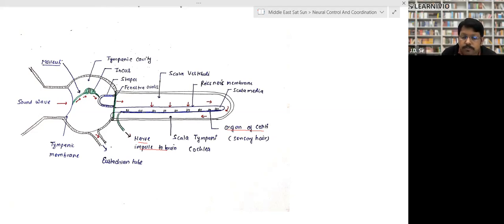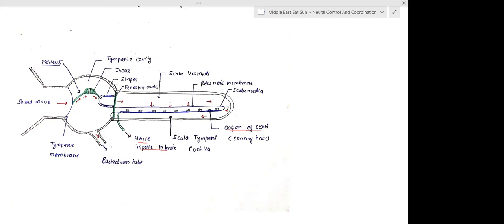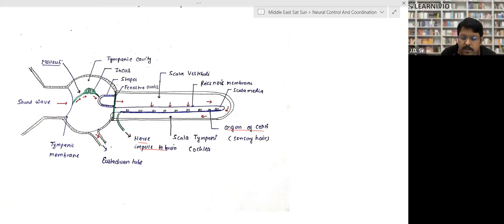Clear to all of you? Yes, sir. So this was all about the chapter of neural control and coordination. In case you have doubt on any topic or structure, please ask right now. Then we will move to the next chapter, chemical control and coordination.